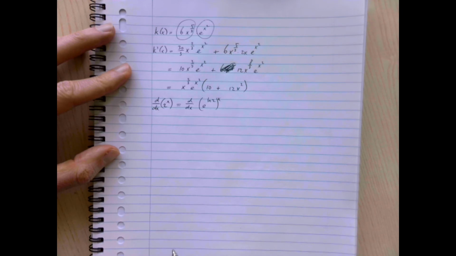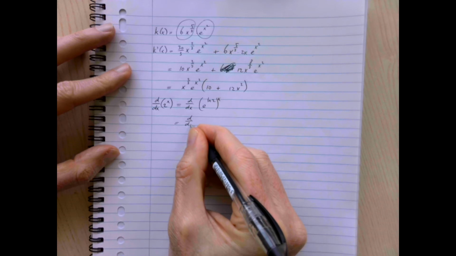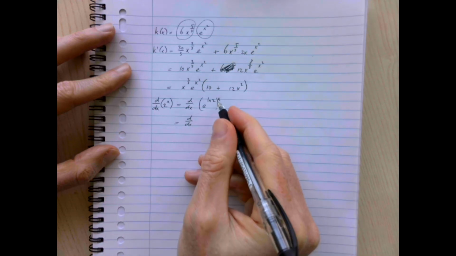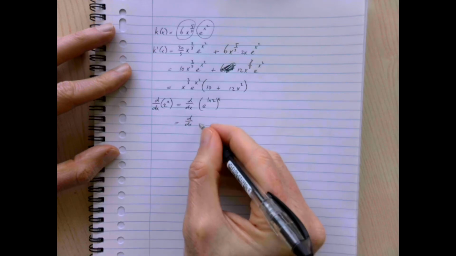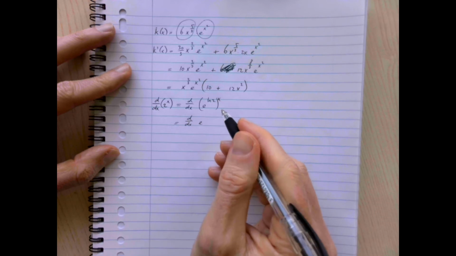But now we can, of course, use that an exponential raised to a power is the same as raising e to the product of those two powers.